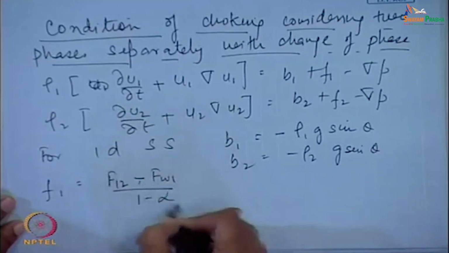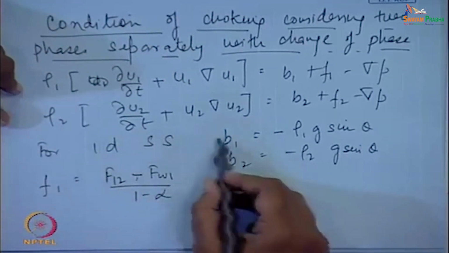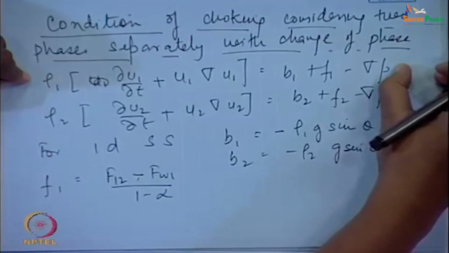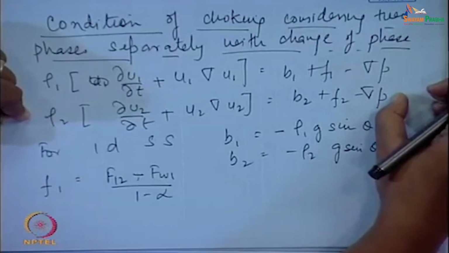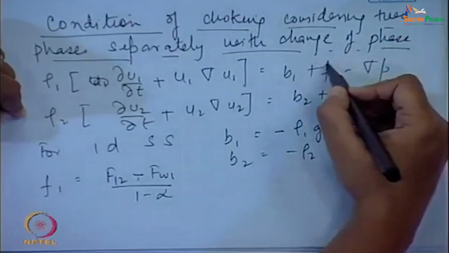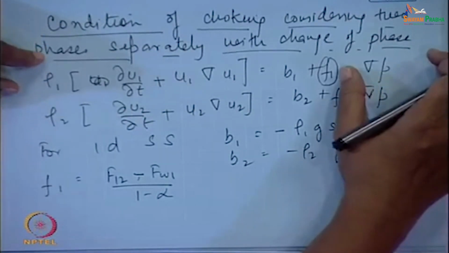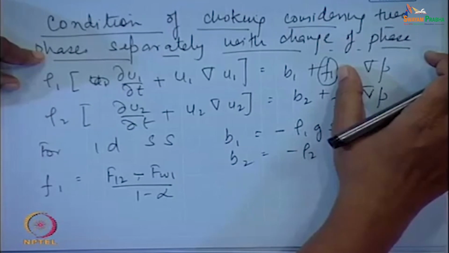Why did this come about? Somebody had asked me this question. This was because this entire expression is written for unit volume of fluid 1. Okay, this is written for unit volume of fluid 2. So, this F 1 refers to the leftover forces per unit volume of fluid 1, agreed.